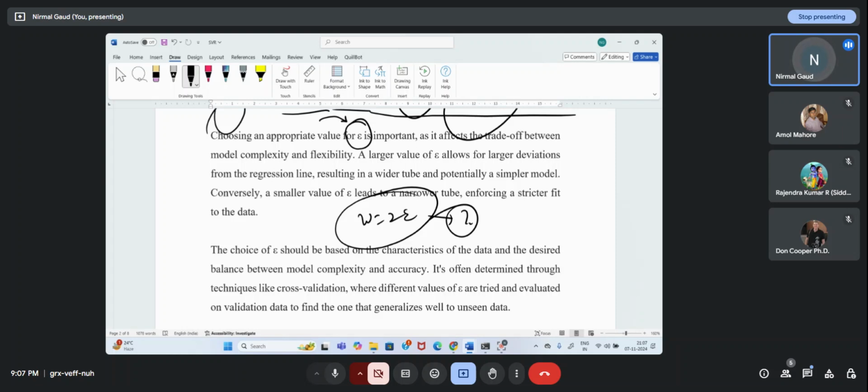A larger value of epsilon allows larger deviations from the regression line. If you increase the width, points will be present far away from the regression line. You will consider them correct, but in the testing case, you will fail, resulting in a wider tube and potentially a simple model.